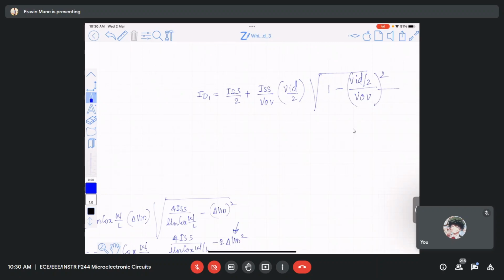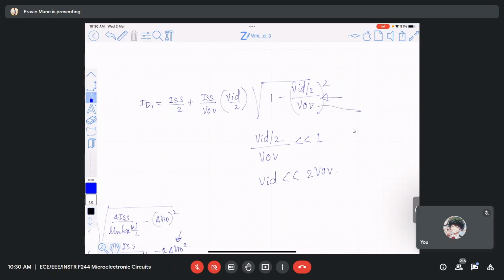We said that this should be minimum, so it should be less than 1. VID by 2 upon V overdrive should be very much smaller than 1, so that VID is very much smaller than twice the overdrive voltage.